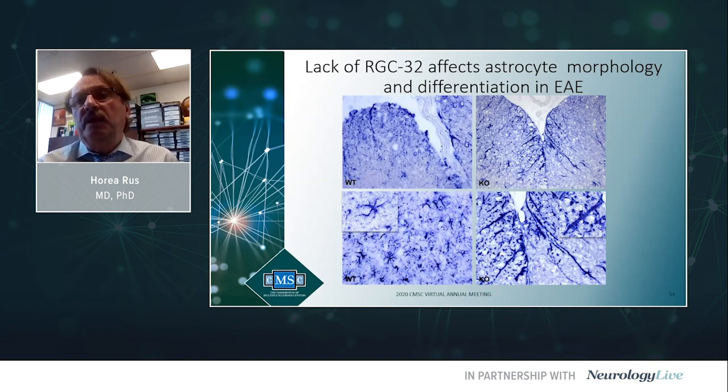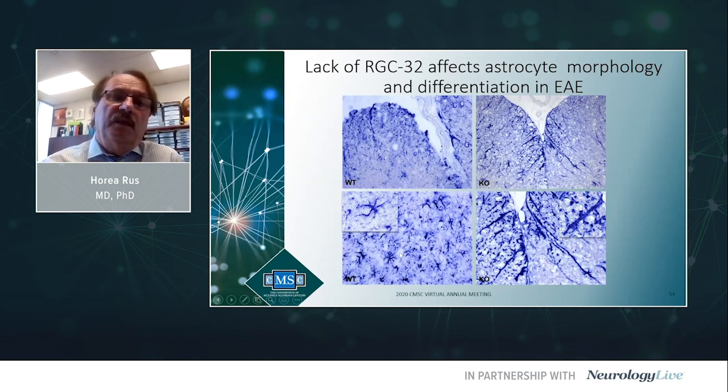When we stained these acute phase slides with GFAP, glial fibrillary acidic protein for astrocytes, we were surprised to find that the morphology of astrocytes in the knockout mouse is different from the morphology of the astrocytes in wild type.